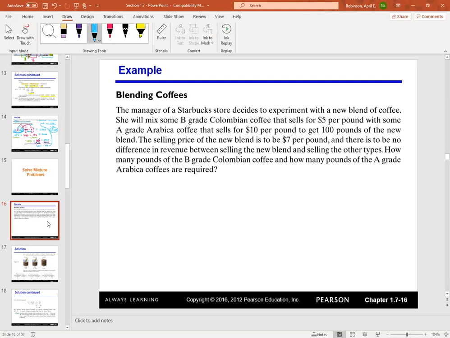I don't drink coffee, but I have seen some people go down the coffee aisle, I don't even know if they still have this at Kroger's or not, but years ago I would see people get a little bit of this coffee and a little bit of that coffee. Like they can't afford the really expensive stuff, so they get the cheap stuff and then a couple of spoonfuls of the expensive stuff so that the cheap stuff isn't so bad.